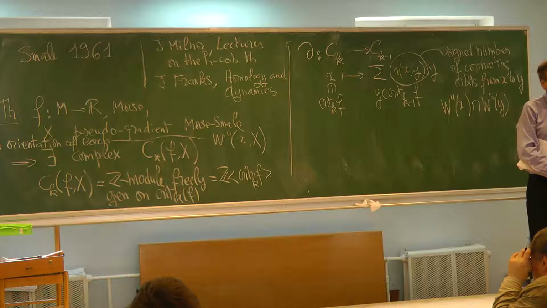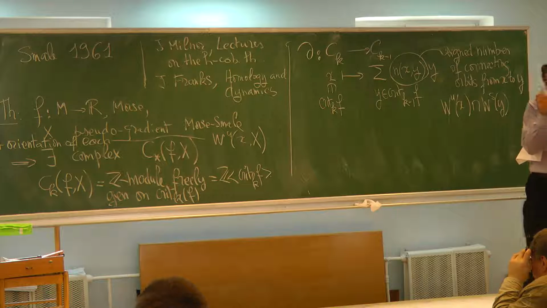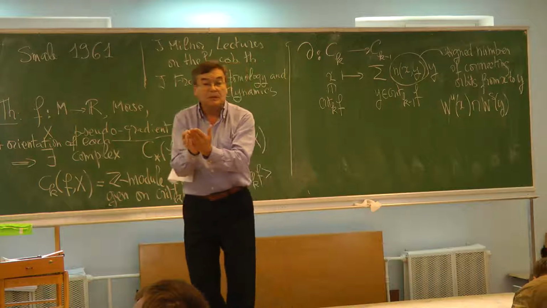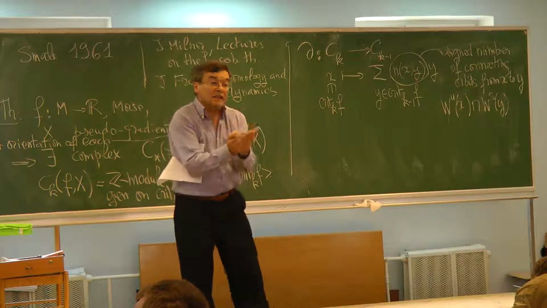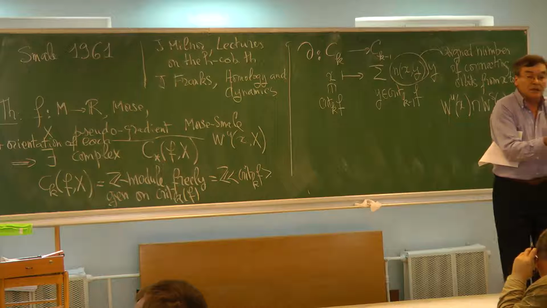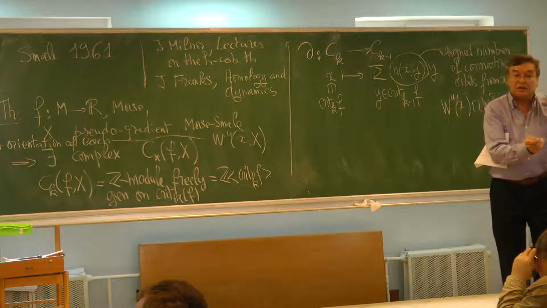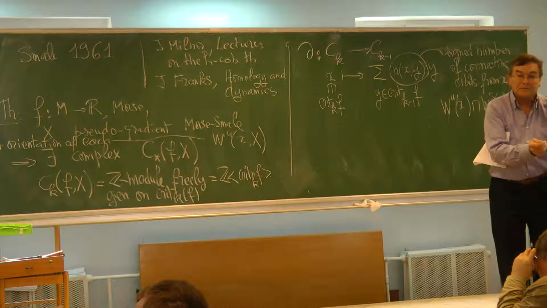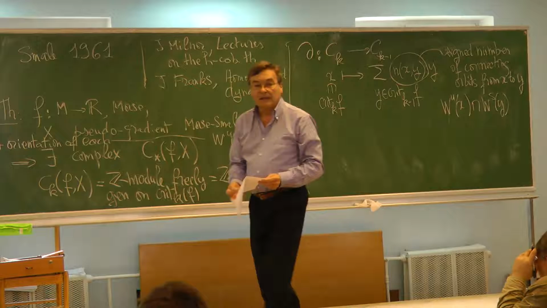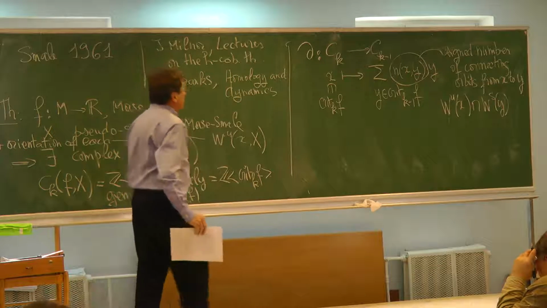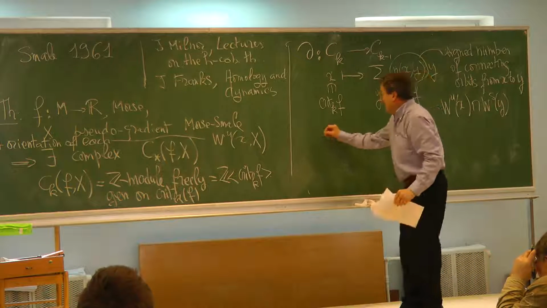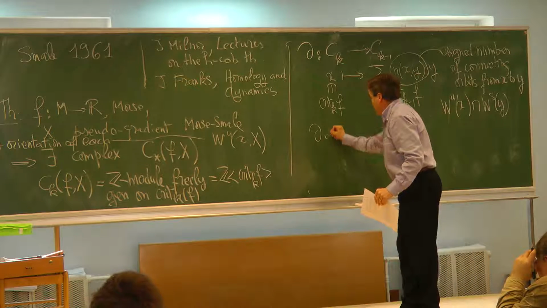And when you intersect an oriented submanifold with a co-oriented submanifold, you get an orientation. And you can compare this orientation with the natural orientation given by the flow. And you get a sign. And it can be proved that this formula is well defined, and d composed with d is 0.